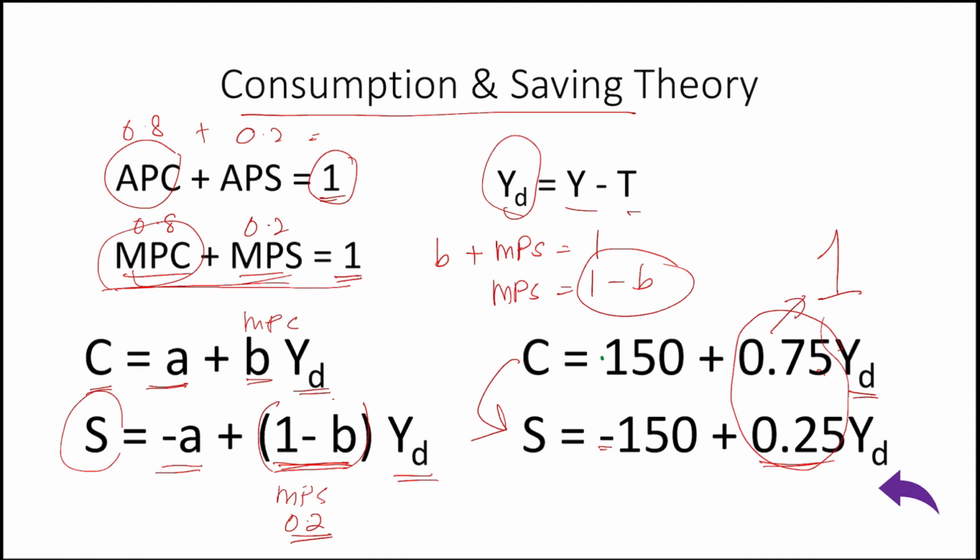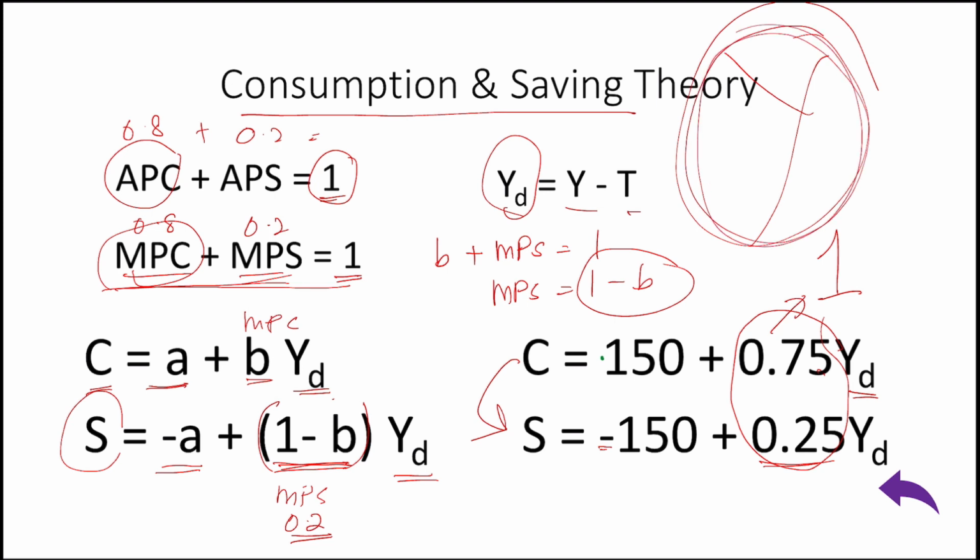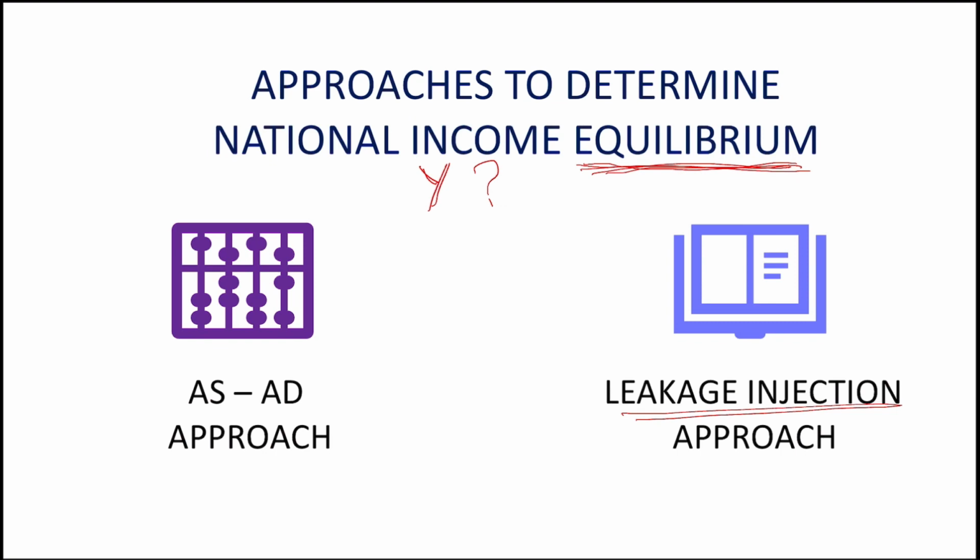You have to understand this, and we will use this theory in 2 sector, 3 sector, and 4 sector economy to get the value of Y. So this is our mission for this chapter, to get Y. Okay, so to get Y, you have to understand C and S. Alright, understand or not? Alright, so that is the overview of this chapter.